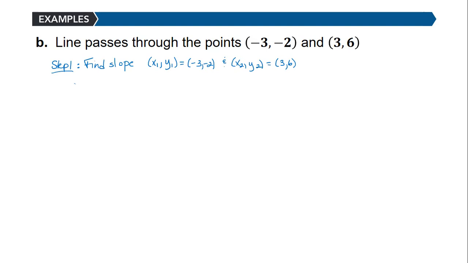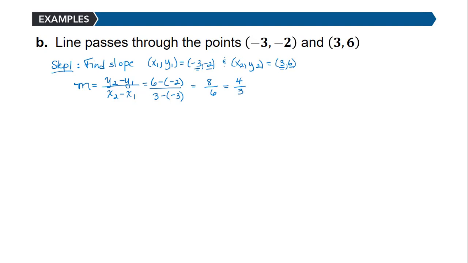So we find the slope formula by substituting into m equals y sub 2 minus y sub 1 divided by the expression x sub 2 minus x sub 1, which in this case would be 6 minus negative 2 divided by 3 minus negative 3. The numerator is 6 plus 2, or 8, divided by 3 plus 3, or 6, and that simplifies to be 4/3.